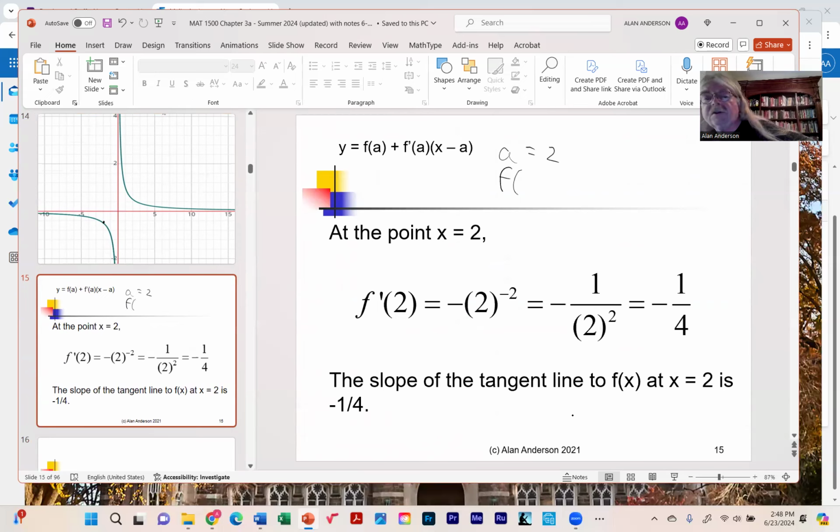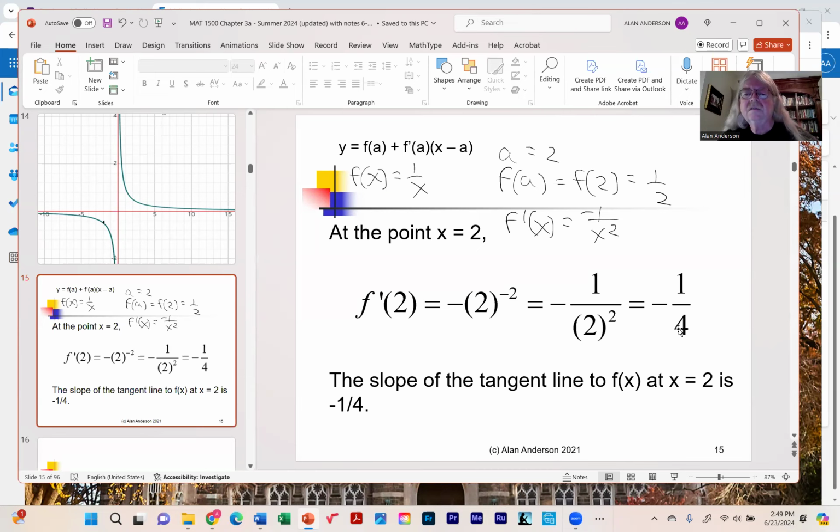Actually, what we forgot to do is notice that f of A is simply 1/2. f prime of x is, of course, negative 1 over x squared, as we just saw.